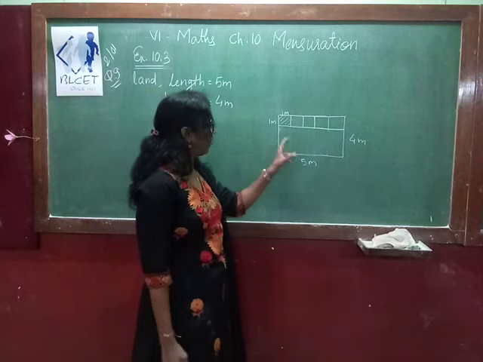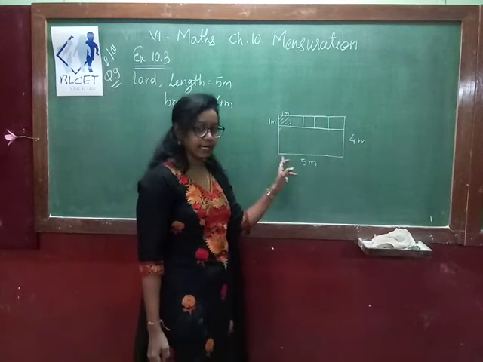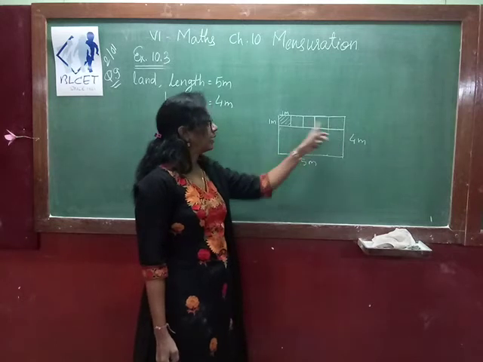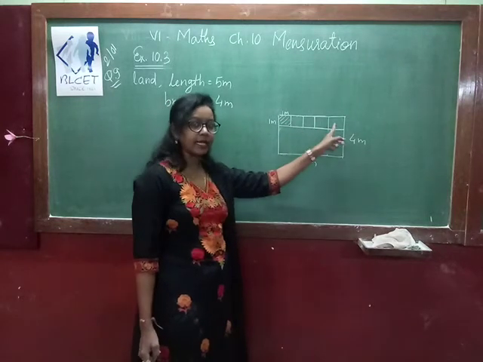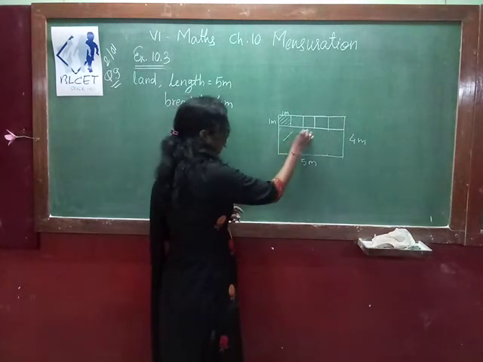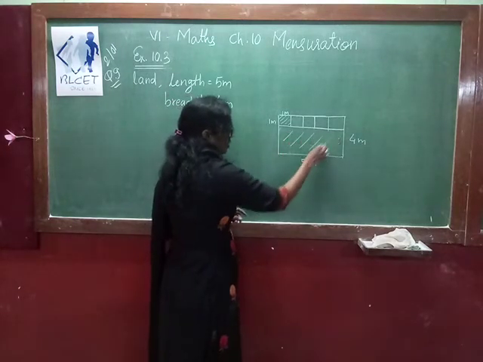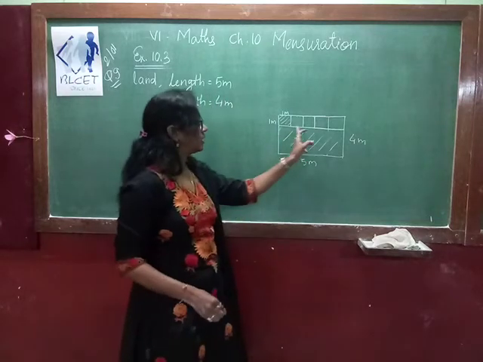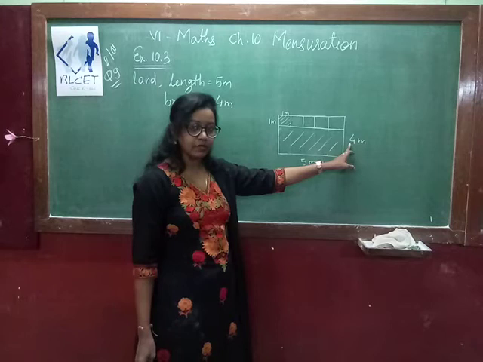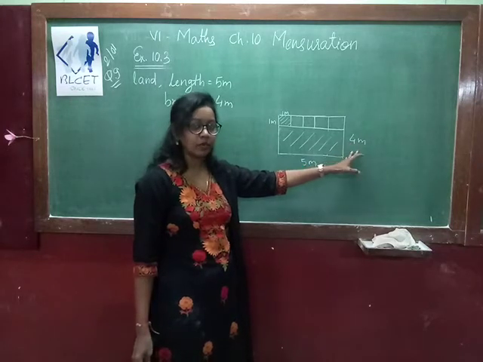So we want to find the area of this whole land and the area of each flower bed and then sum up. You can directly also find the area. And what is the question? We have to find the area which is not covered by the flower beds. So 5 fours are 20 meter square. That is the area of this whole land.